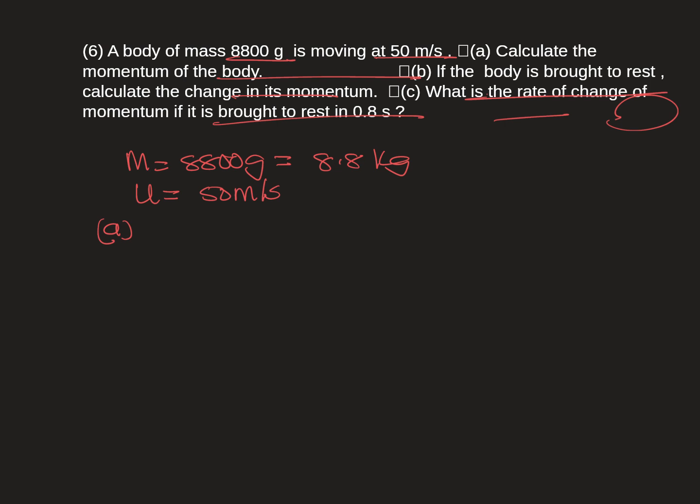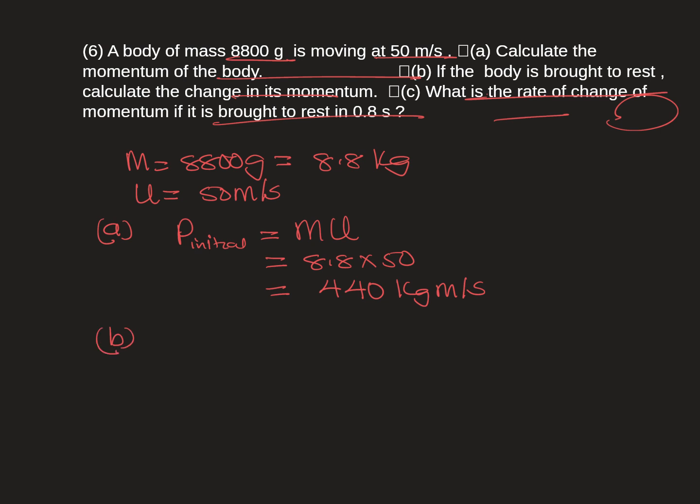We know that the momentum, so that will be the initial momentum, is mass times the initial velocity. So that will be 8.8 times 50, and that will give 440 kilograms meters per second.